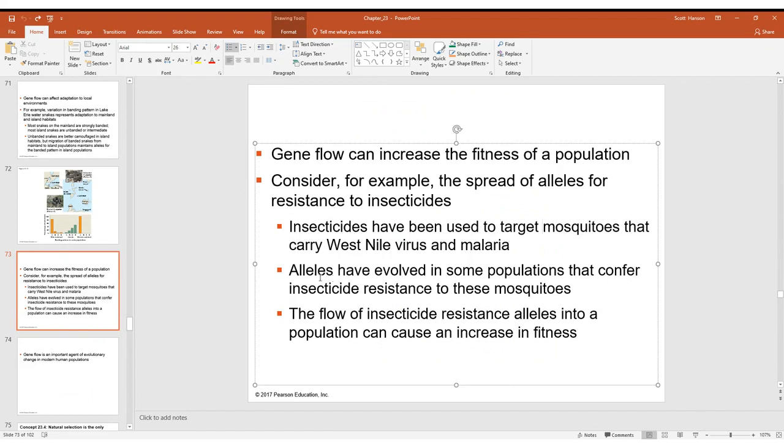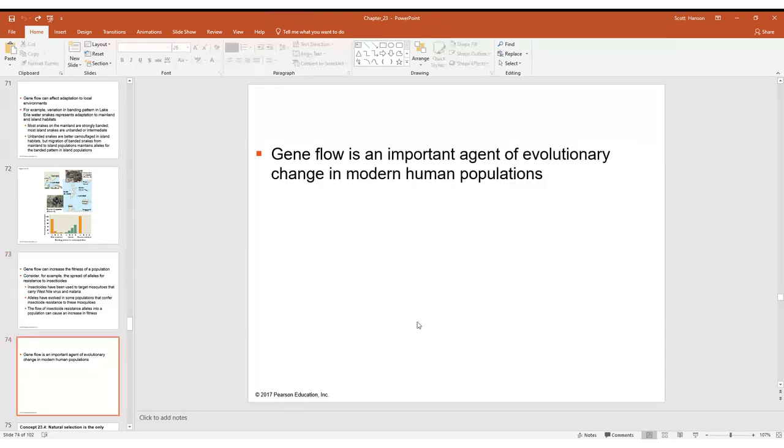But mosquitoes have alleles that have evolved in some populations that confer insecticide resistance, and we saw that a few slides ago when we talked about resistance in fruit flies. The flow of insecticide resistance alleles into a population can cause an increase in its fitness because of better resistance to insecticides. So gene flow is an important agent of evolutionary change in modern human populations.